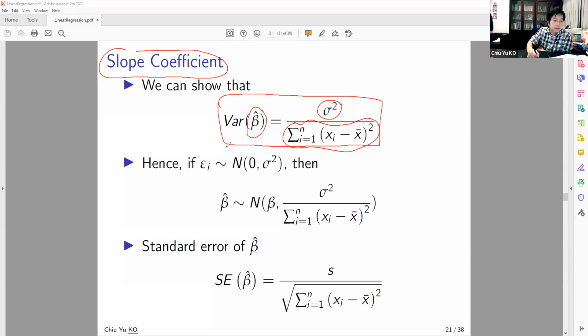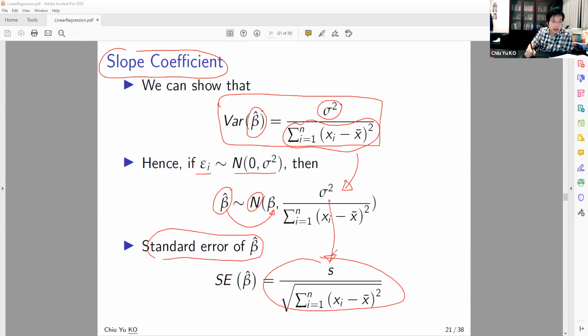And if everything follows normal, this beta hat, which comes from the covariance of x and y over the variance of x, will have a normal distribution again. And it is unbiased, right, given by the Markov theorem. This is the real proof. And we call this the standard error of beta, which would be like this one, just replacing this by this guy.